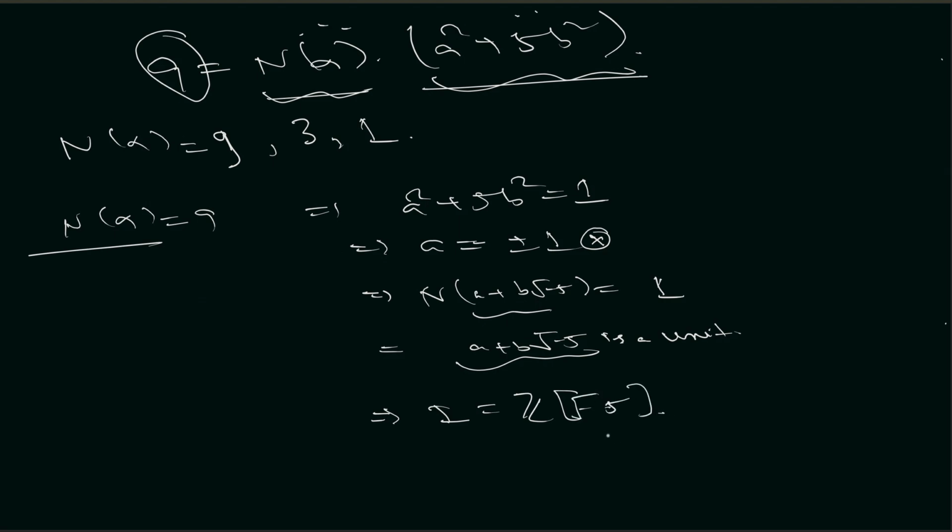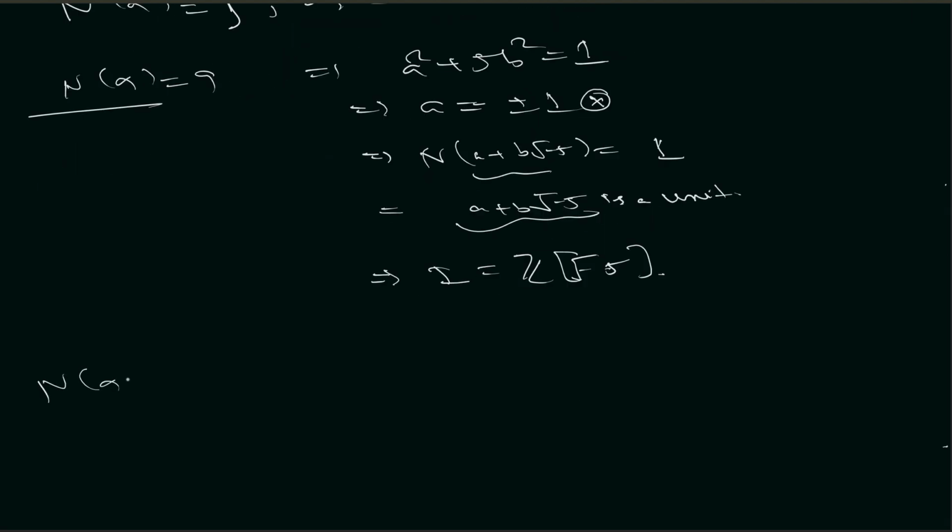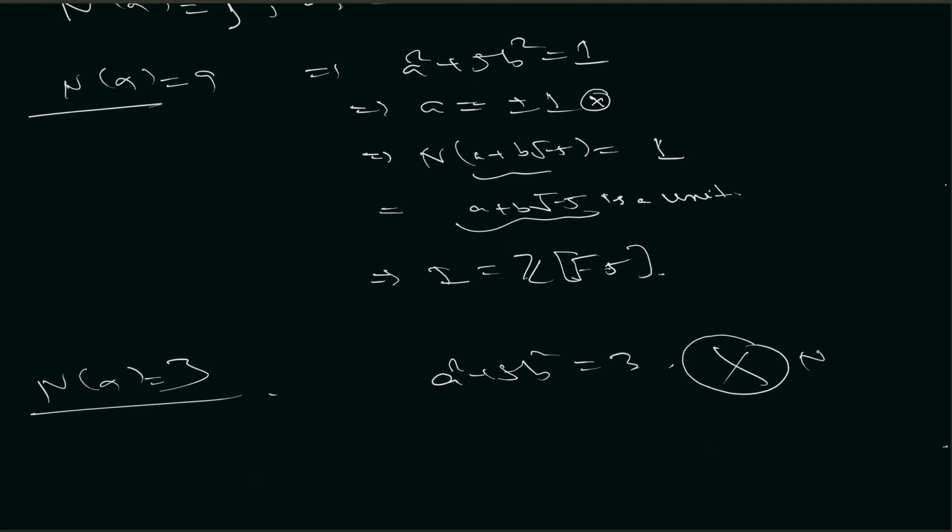Similarly, you can choose the norm of alpha to be 3. What you will get is that a square plus 5b square equals 3. A square plus 5b square equals 3, but this does not have any solution in Z. No solution in integers.